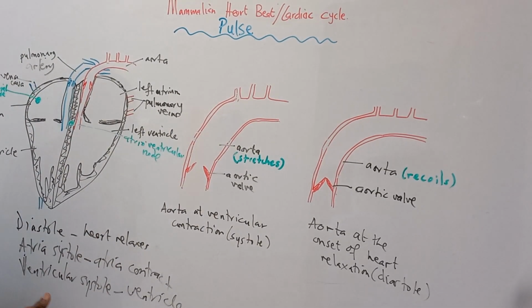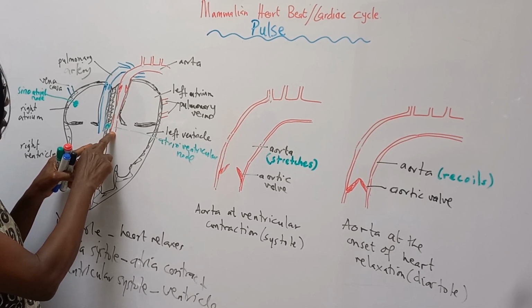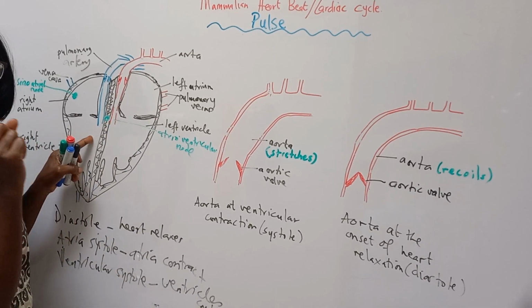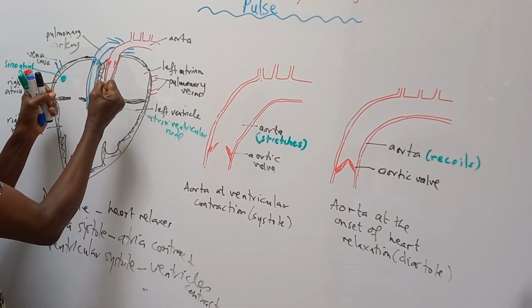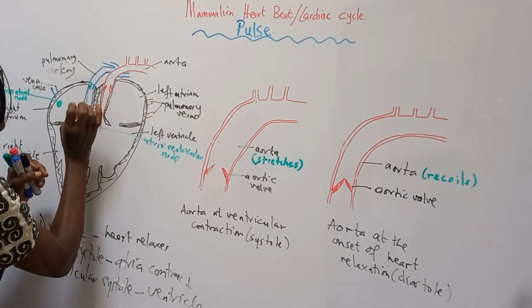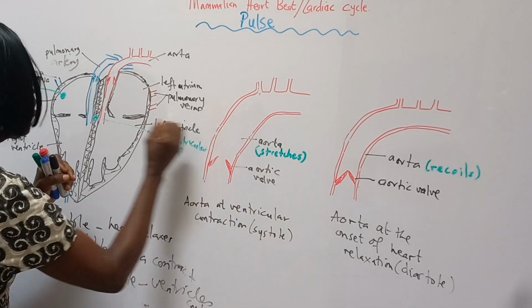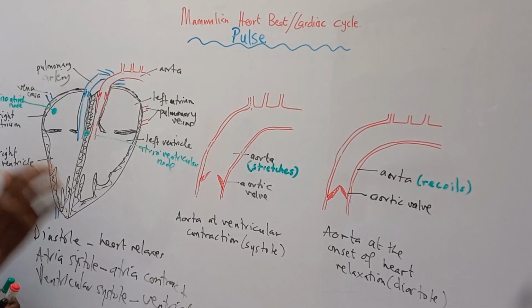So you see that the pulse happens at ventricular systole, and that shows one heartbeat. So it's like the heart relaxes, atria contract, ventricle contracts, pushes the blood, and the aorta pushes on as it recoils. So that is one heartbeat.